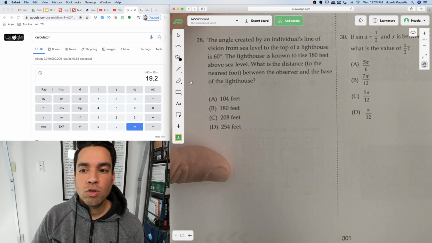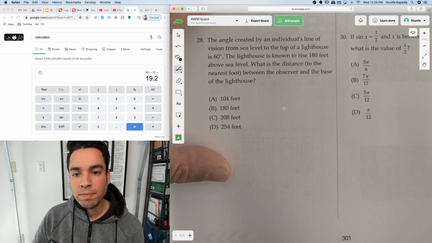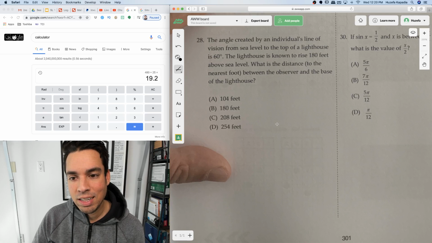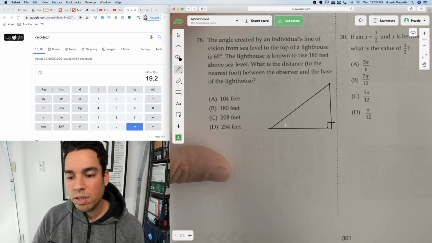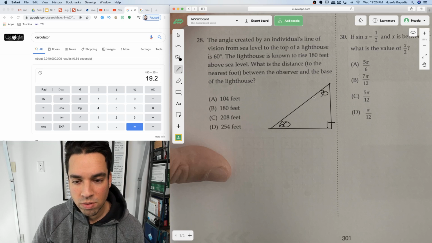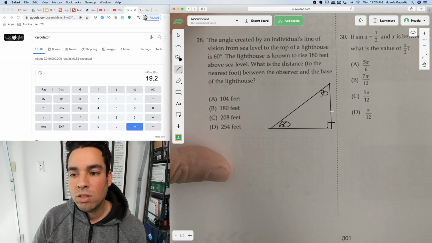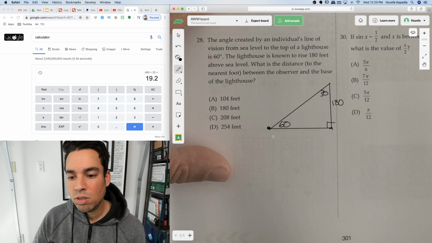28. The angle created by an individual's line of vision from sea level to the top of a lighthouse is 60 degrees. I'm going to draw this out. Didn't draw that perfectly, but here's the lighthouse. If this is 60, that's the line of vision, so this is going to be 30. The lighthouse is known to rise 180 feet above sea level. What is the distance to the nearest foot between the observer and the base of the lighthouse? So it's this distance.